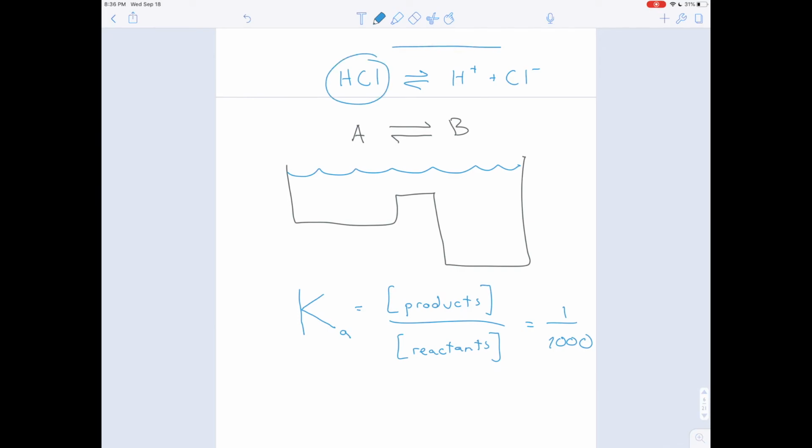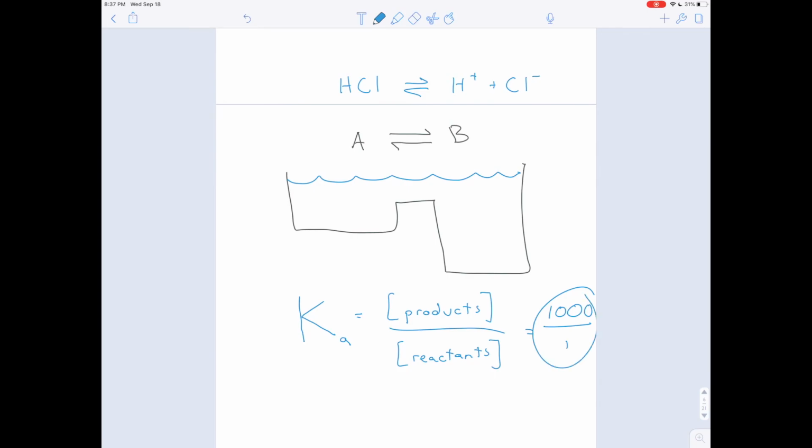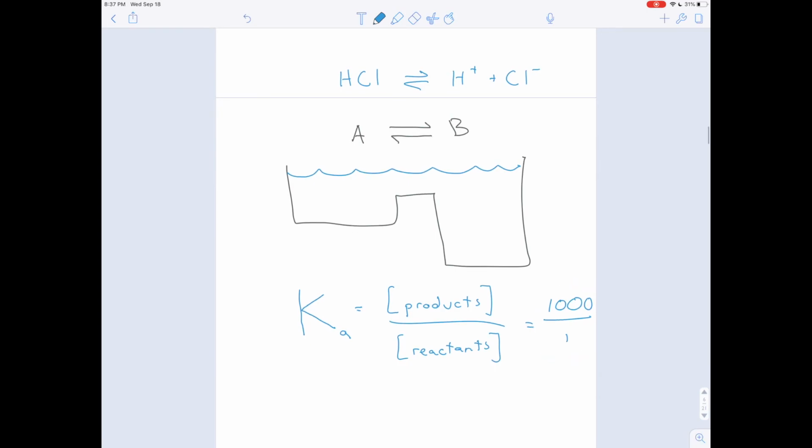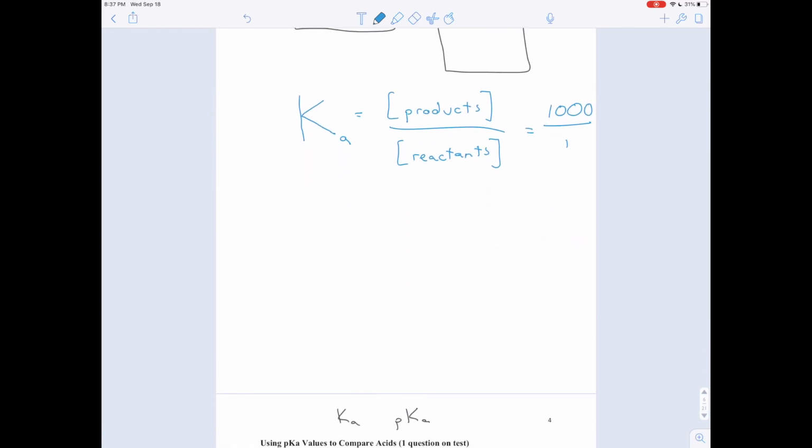This acid breaking apart, how far forward does that go? If an acid is really strong, then it will break apart a lot. You'll have a large amount of products and very few reactants. K will be a big number. So let's summarize that in a table.